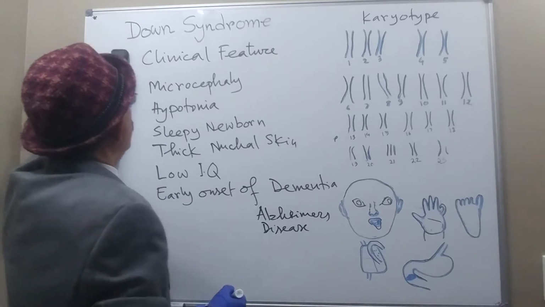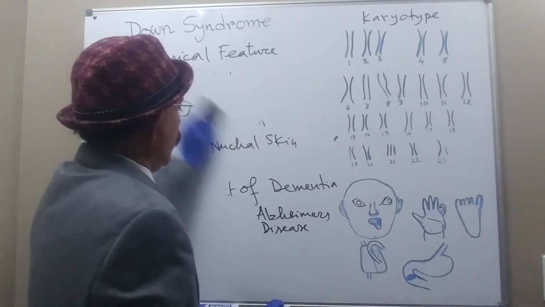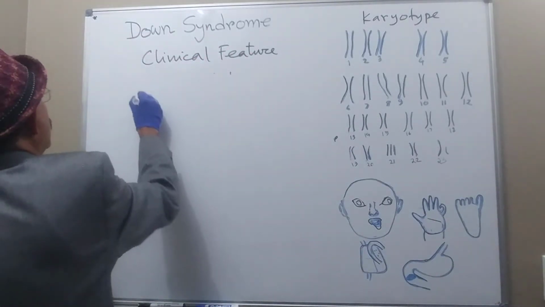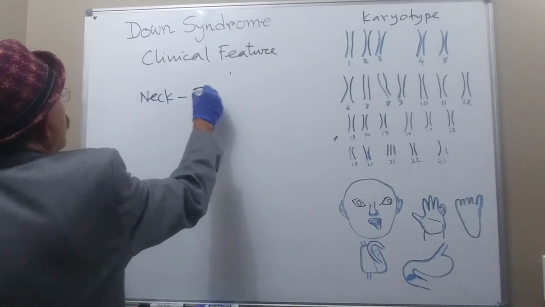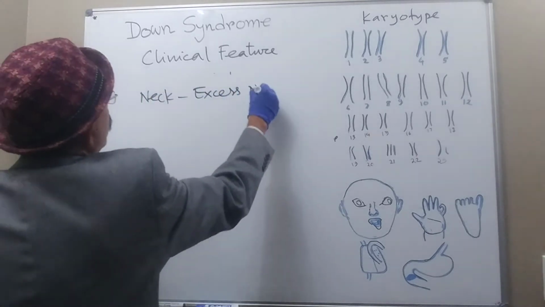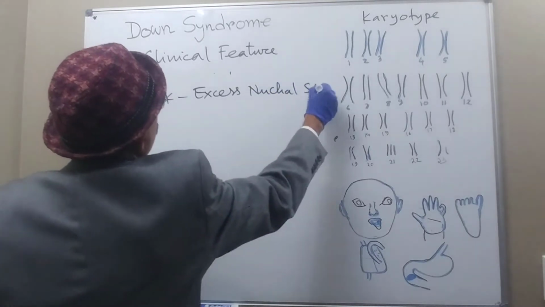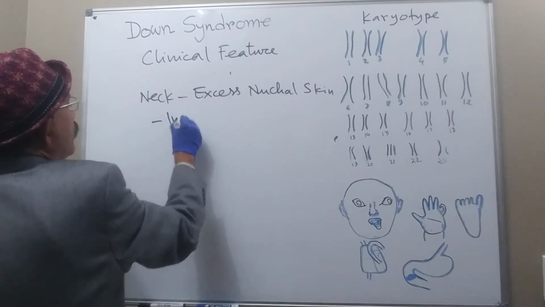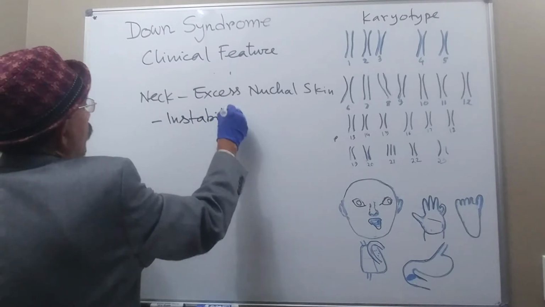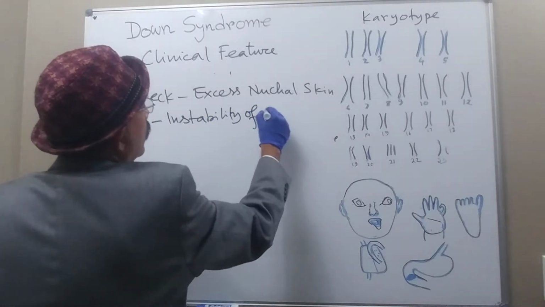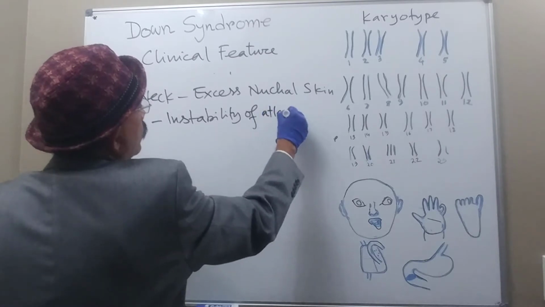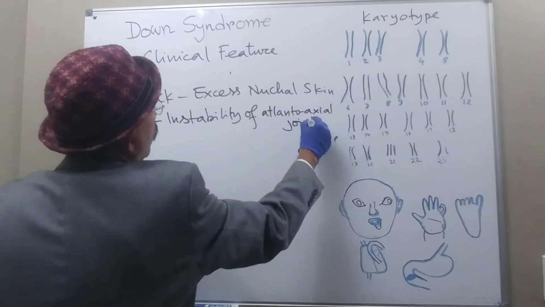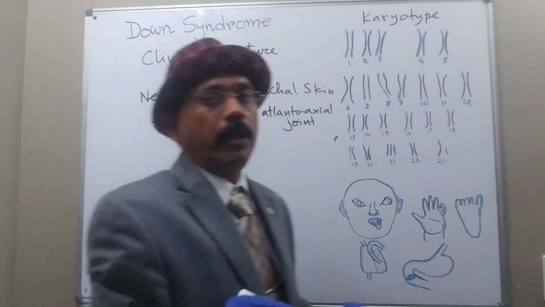If we go to the neck region, we have other problems in the neck. We just discussed there is excess nuchal skin in the neck. Plus we get instability of the atlantoaxial joint between the first cervical vertebra and the second cervical vertebra.